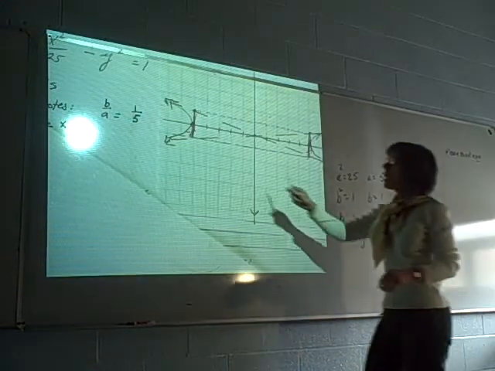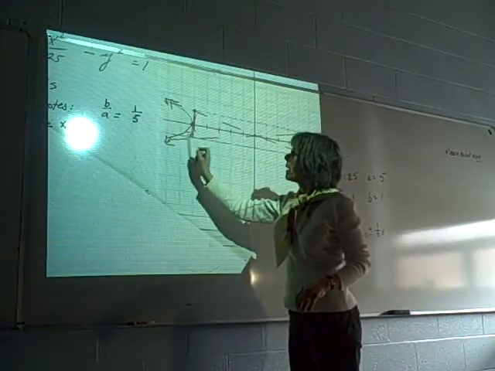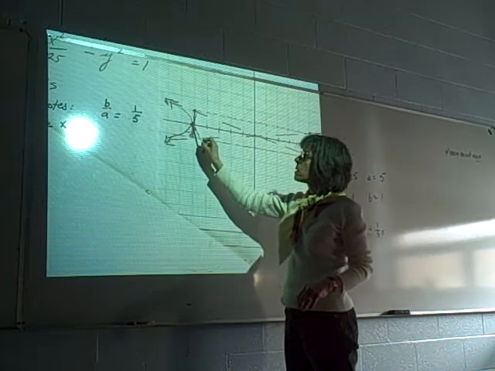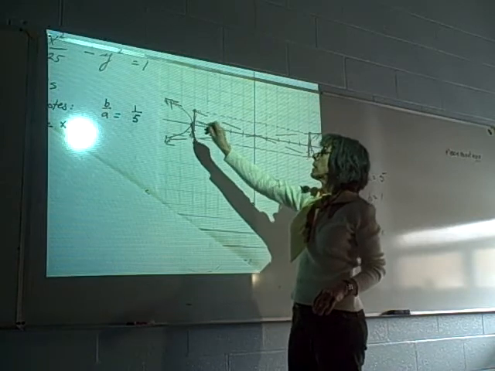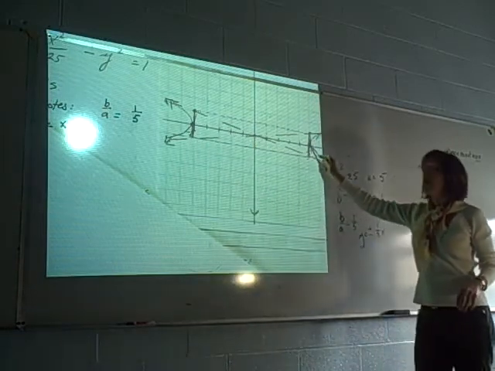My hyperbola touches that box, so my vertices are going to be right here at negative 5 and positive 5.